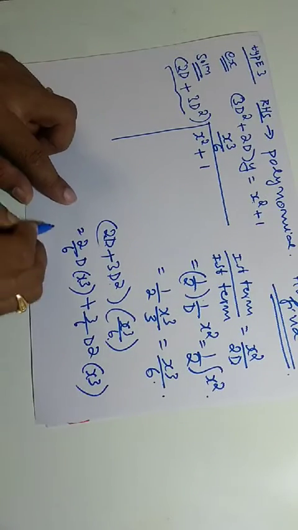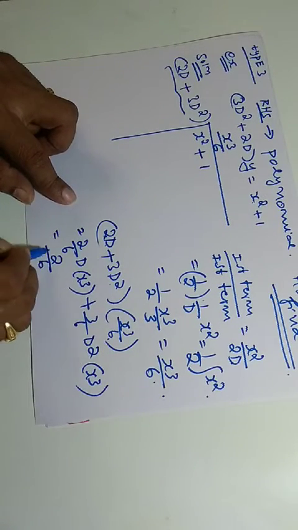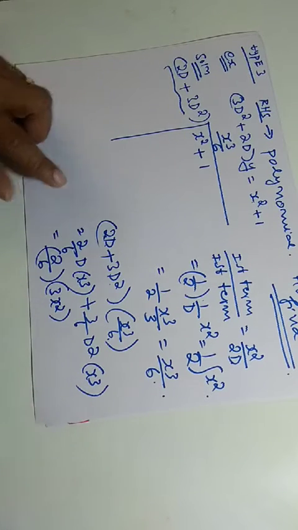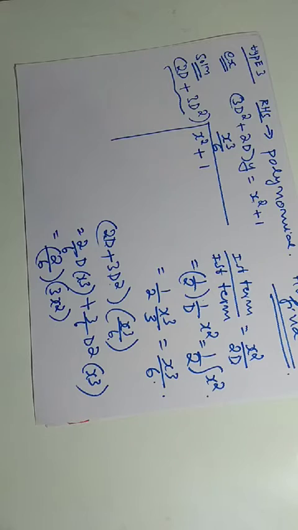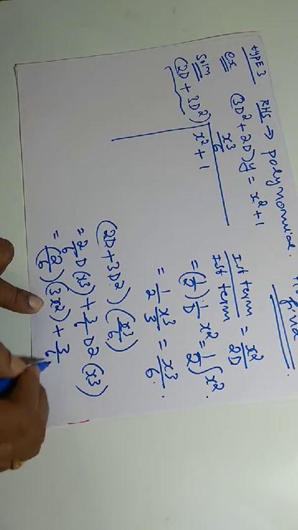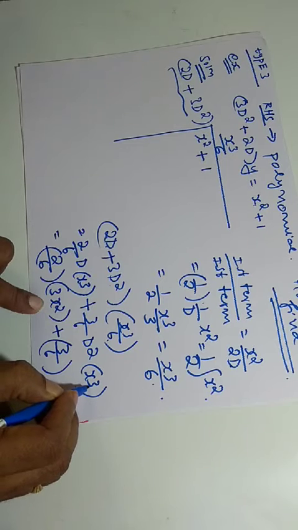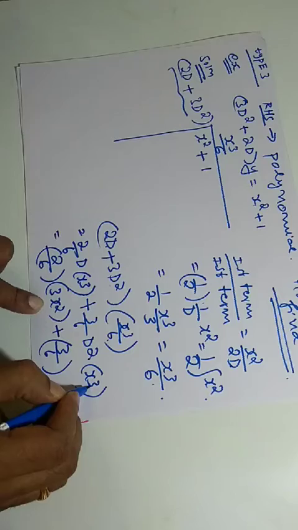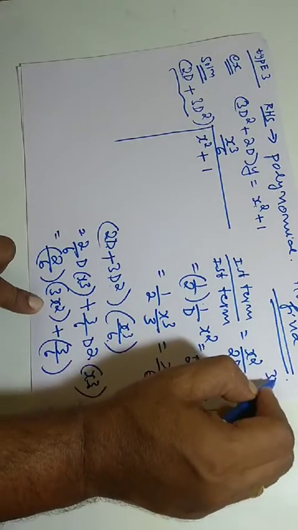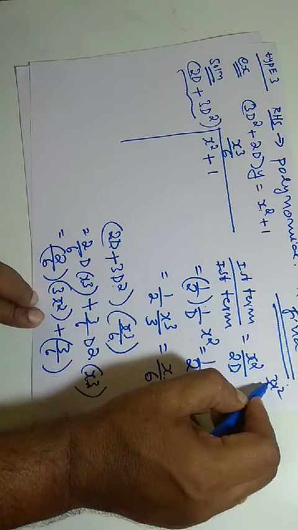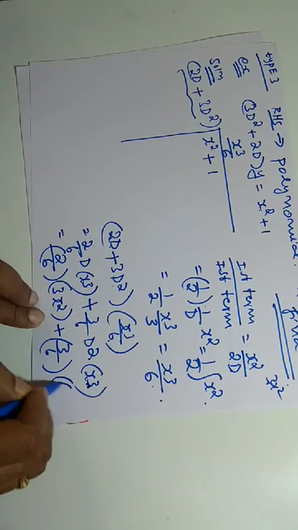So finally what you are getting is 2 by 6 into differentiation of x cubed, 3x squared, plus 3 by 6 into differentiating x cubed 2 times because power of D is 2. First time if you differentiate x cubed you get 3x squared. Again if I differentiate 3x squared, 3 into 2x, 6x.